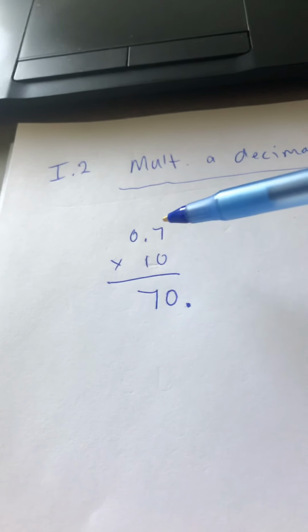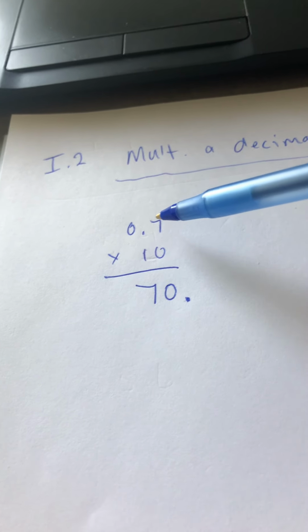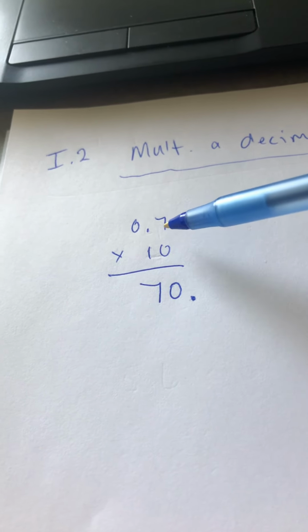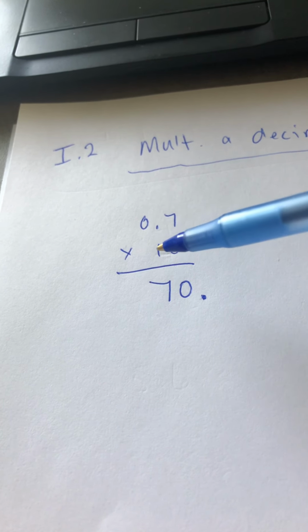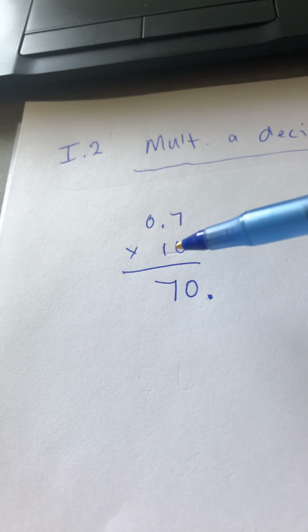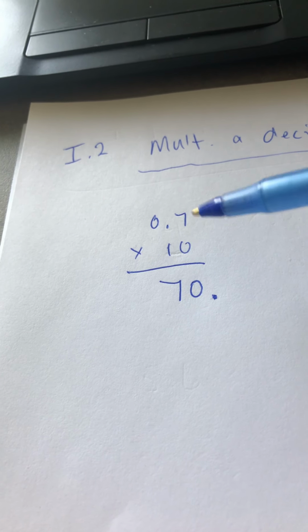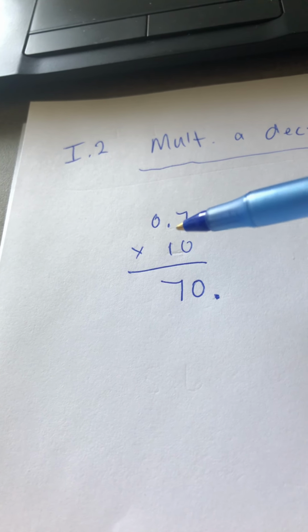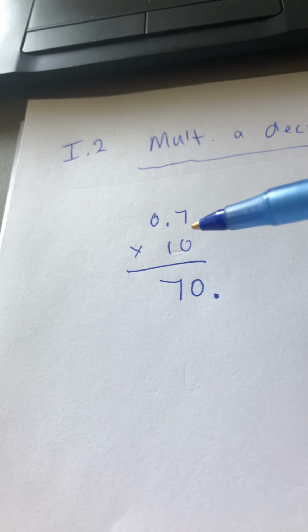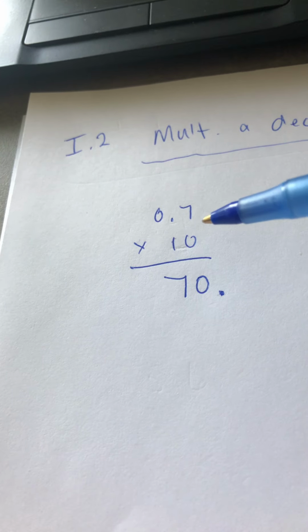But the actual is 0.7. So this is a number less than 1. A number less than 1 times 10, well, it doesn't make sense that 10 times 7 is 70 if we're multiplying a number less than 1 ten times, right? The number is going to be smaller.